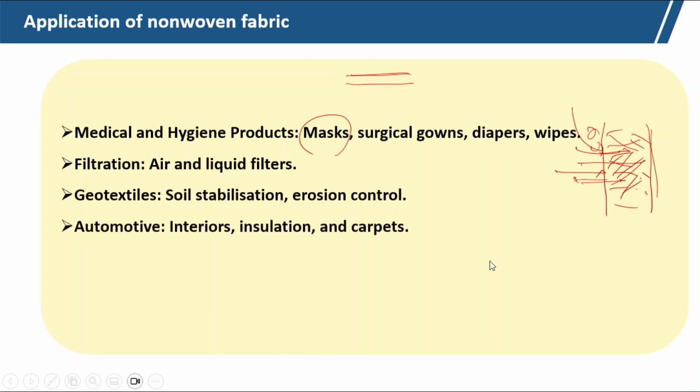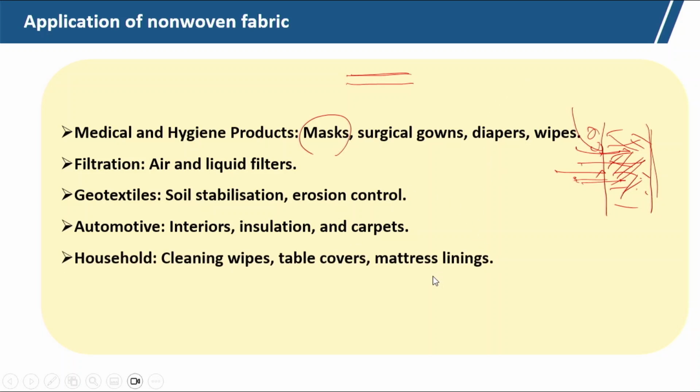Automotive interiors where insulation is there, maybe sound insulation, acoustic insulation, or thermal insulation. There we use nonwoven fabrics in carpets, interiors. Nonwoven is very widely used in automotive interiors, household cleaning wipes, table cover, mattress, linen.